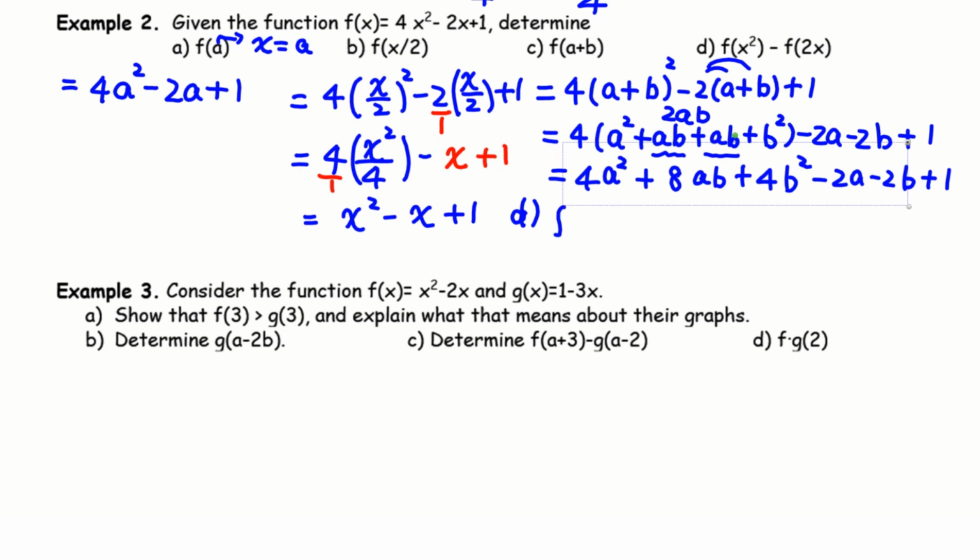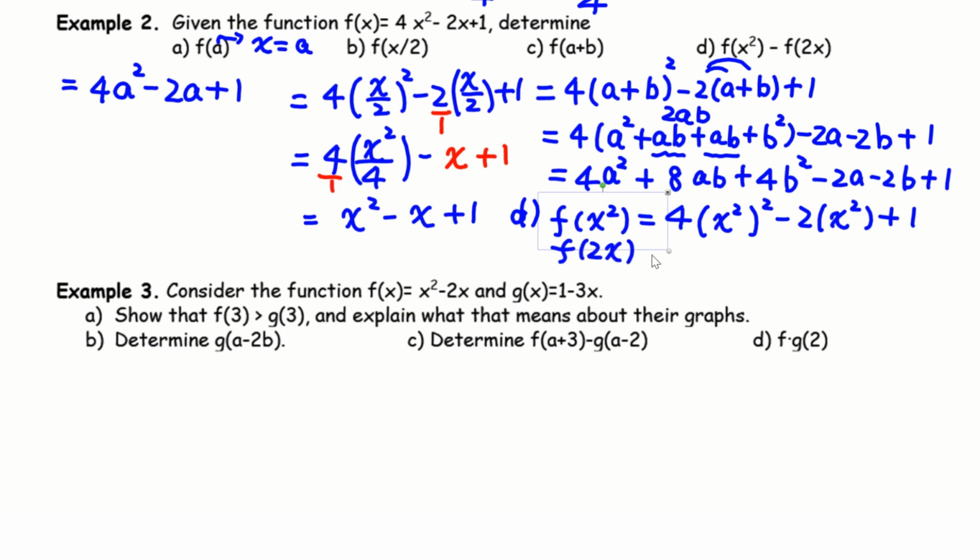So we have f at x squared equals 4 times x squared, then squared, minus 2 times x changed to x squared, then plus 1. And for the f at 2x, we sub in 2x for x, minus 2 times 2x, then plus 1.